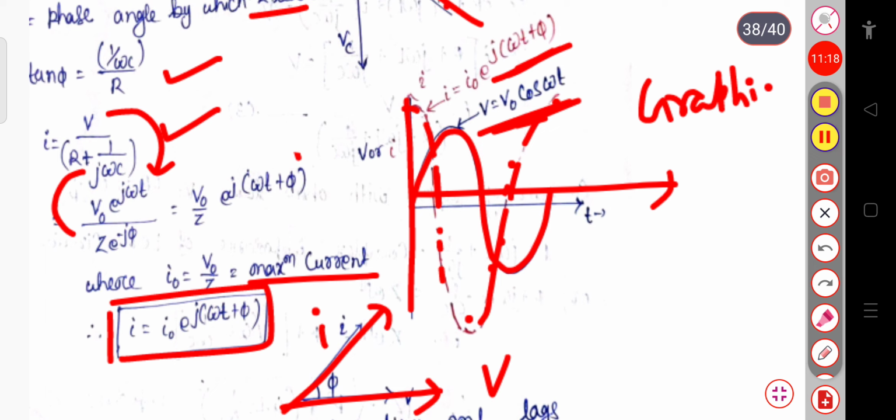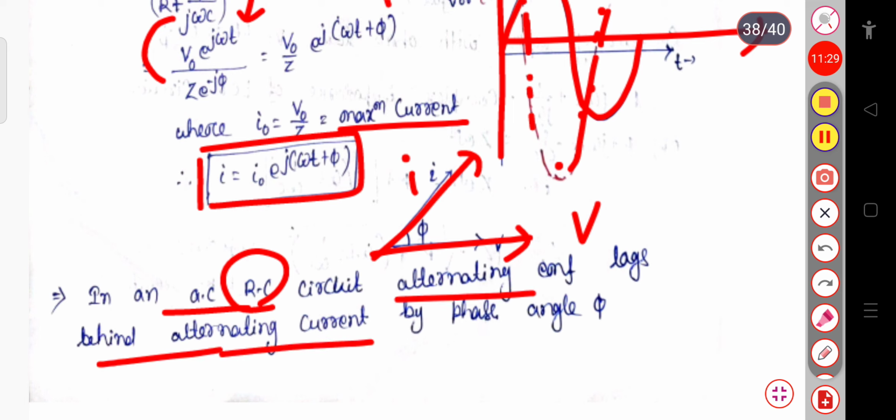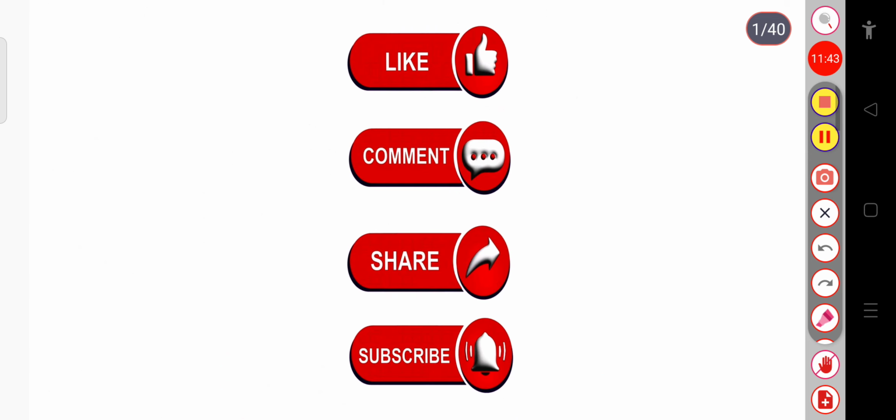So here the current will lead, so hence we can write that in an alternating current RC circuit, the alternating EMF will lag behind the alternating current by the phase angle phi, or you can write it as the alternating current leads the alternating EMF by phase angle phi. Okay. So this is all about the RC circuit in an alternating current circuit. That's all for today. Thank you.